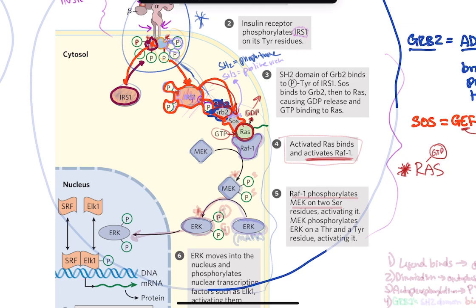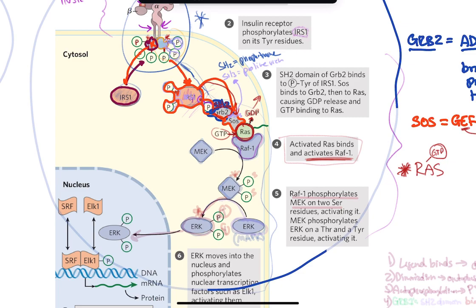It's not an adapter like the GRB2 was, but it's just what's holding on to the GTP, right? It's just the G protein. Okay. That RAS is going to turn on the kinase RAF, right?